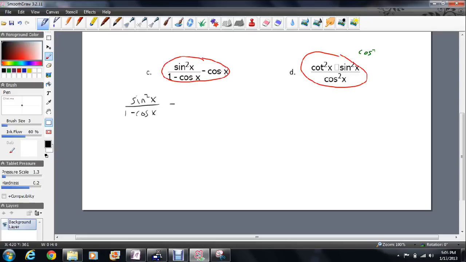In order to get a common denominator, remember that this is just really cosine of x over 1. So I want to multiply the top and the bottom by what I see on the other side there, 1 minus cosine of x. Whatever I do to the top, I have to do to the bottom.